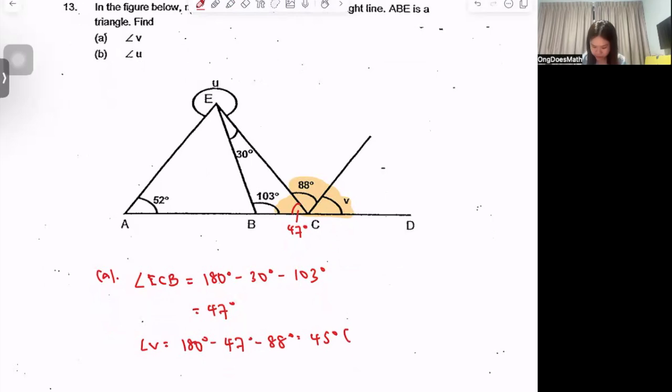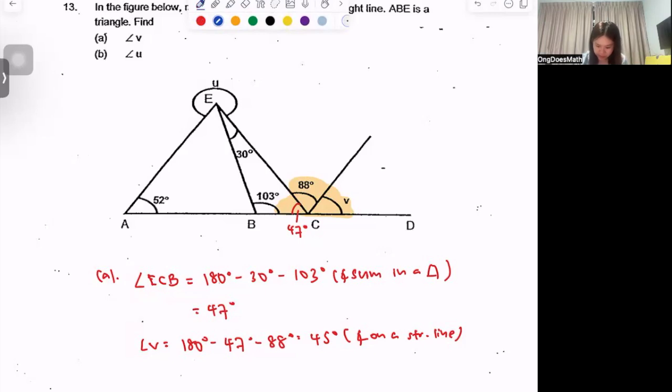So this will use angle on a straight line rule. This will use angle sum in a triangle. So those of you who can't see, angles on a straight line means these three angles should add up to 180 degrees. Cool?